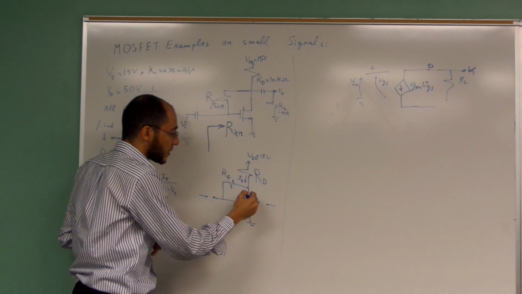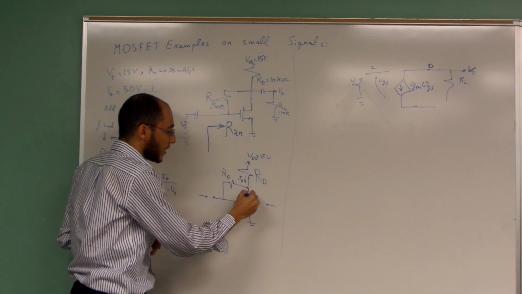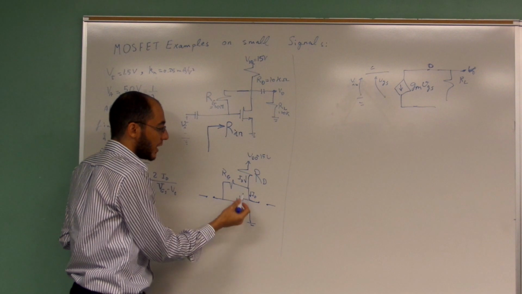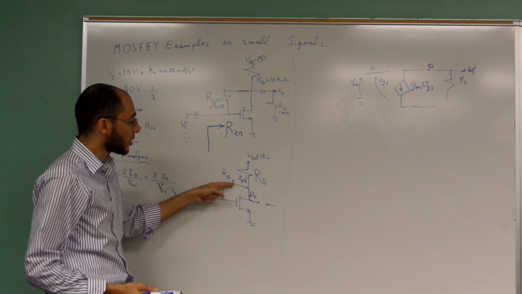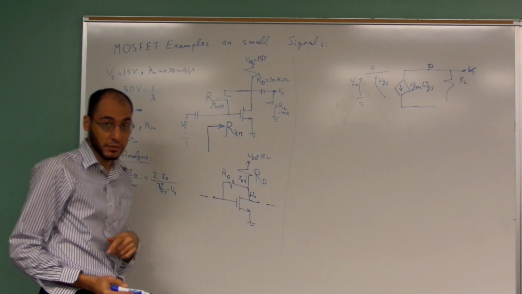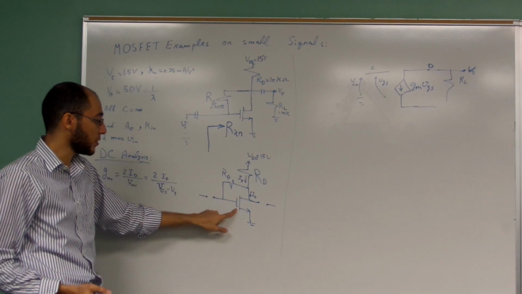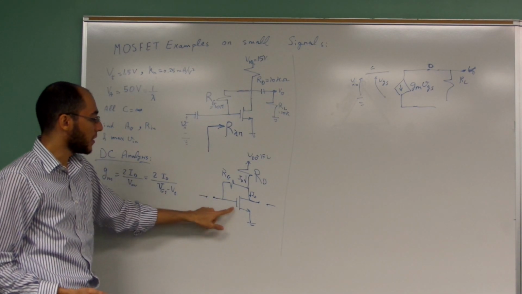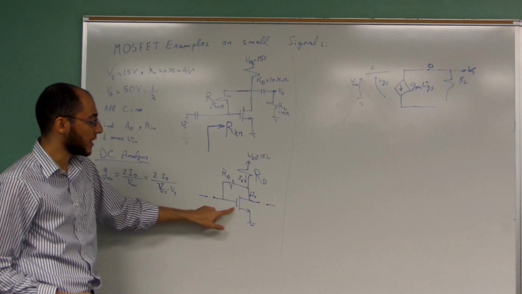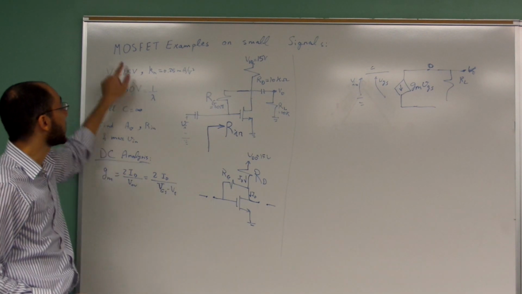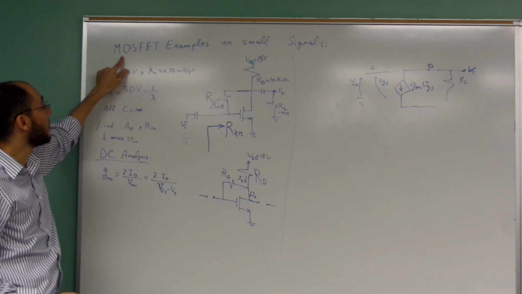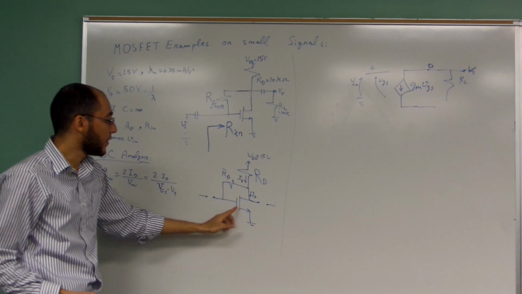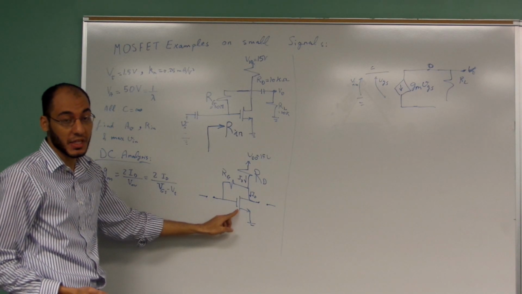Of course, the drain current is supposed to be this value, but I'm sure that this drain current is the same as that one because there is no current passing to the gate. Okay, this is a capacitor, and by capacitor here I mean that the gate is connected to a capacitor. Why? Because it's a metal oxide semiconductor field effect transistor. Metal oxide. So metal, then a layer of oxide, which means that it is a capacitor.